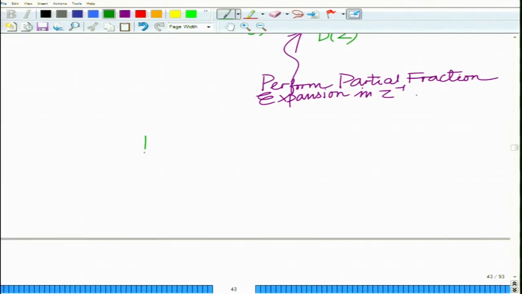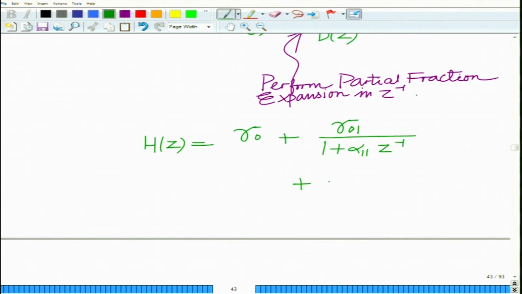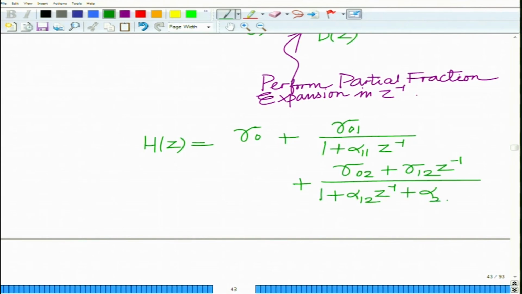So, we can write or rather express H(z) as H(z) equal to gamma naught plus gamma naught 1 over 1 plus alpha 1 1 Z inverse plus, this is the second order factor, gamma naught 2, gamma 1 2 Z inverse over 1 plus alpha 1 2 Z inverse plus alpha 2 2 Z to the minus 2.